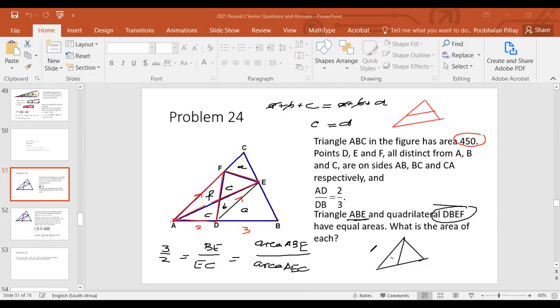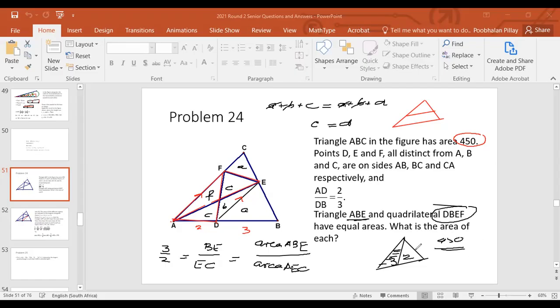I'm going to look at this small picture here to illustrate what's going on. We've got that the ratio of these two areas is 3:2. This is my ABE, the thing that I'm looking for. It's going to be 3:2. But we know the area of the entire thing, ABC, right? That was given as 450.